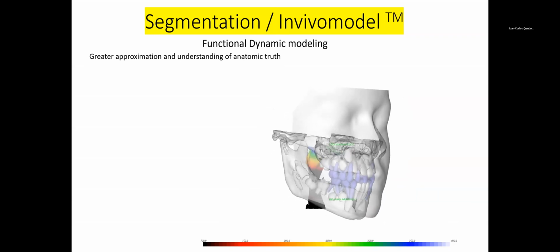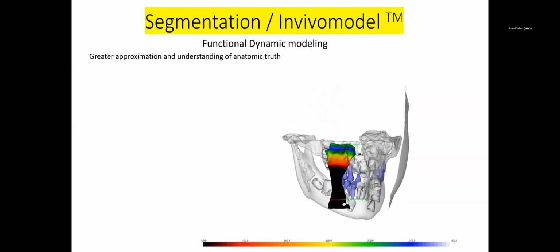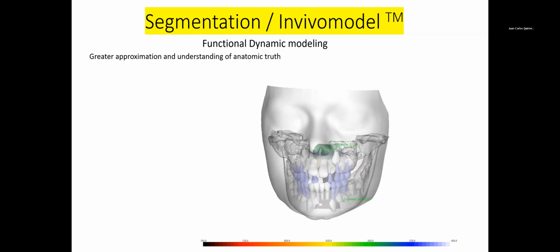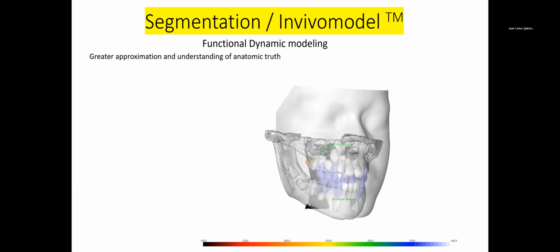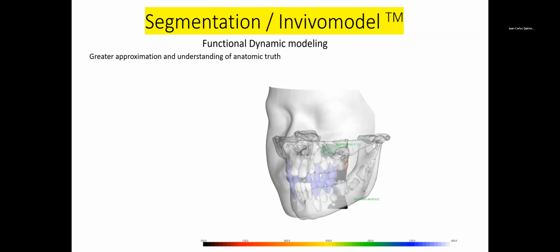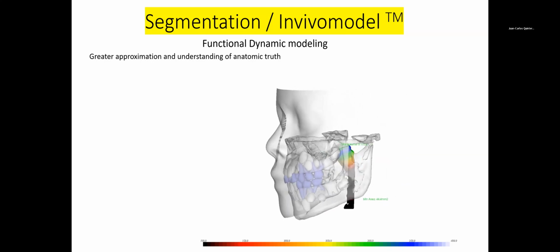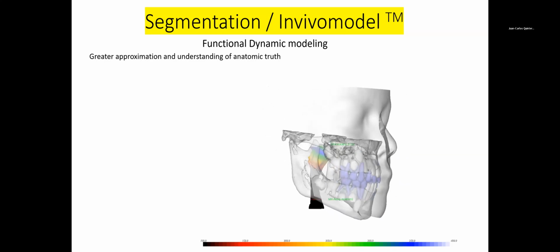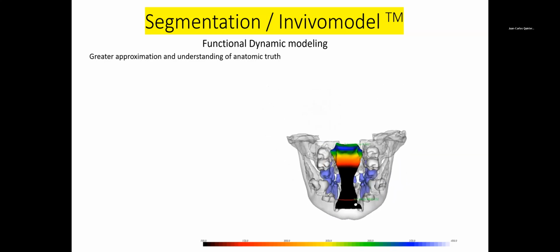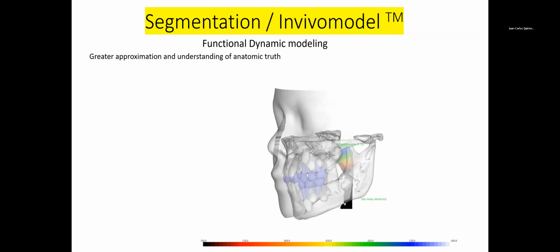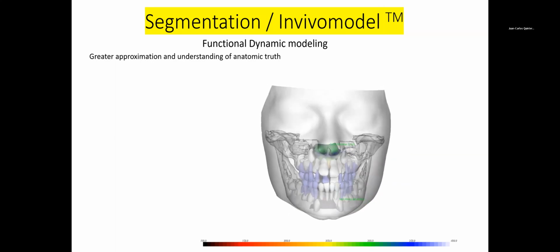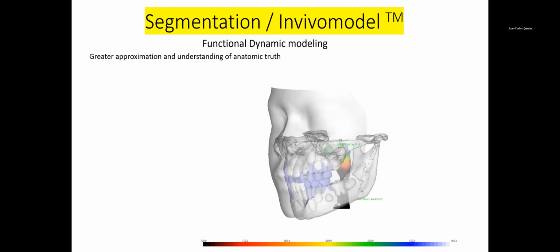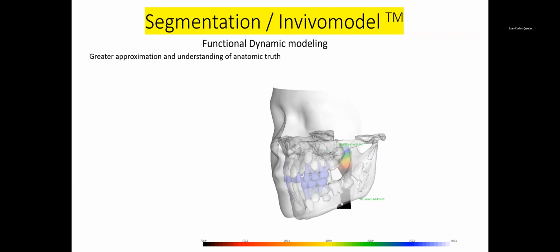When you go from the cone beam raw data volume rendering over to an Anatomodel, especially if you're talking about low dose, which is what we want to be doing with children in particular, and just by the nature of being in orthodontics, we are seeing lots of children. So we do have an obligation to keep the radiation as low as possible. And as I've said, that may come at the expense of image clarity. So the great advantage of the Invivo model then is to crystallize that data.